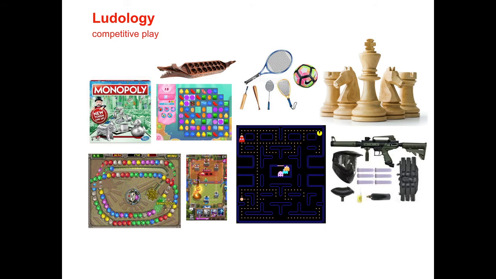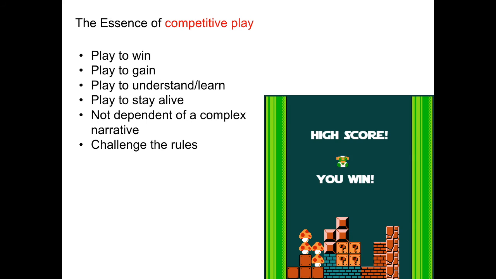Some of the principles of competitive play, or ludology, are this. Games have specific principles, just like design principles, but unlike design principles focused on visual composition, when it comes to games, it is the principles of play.